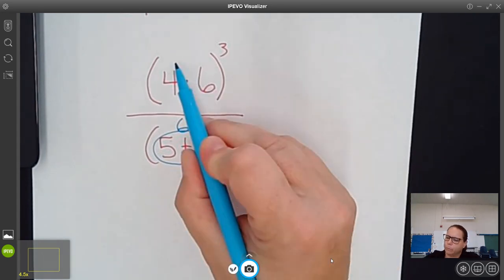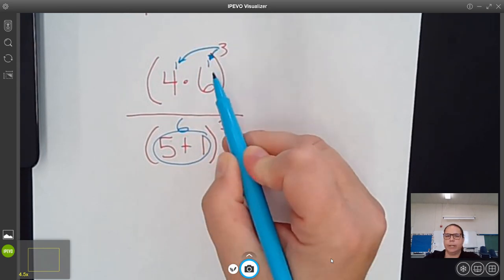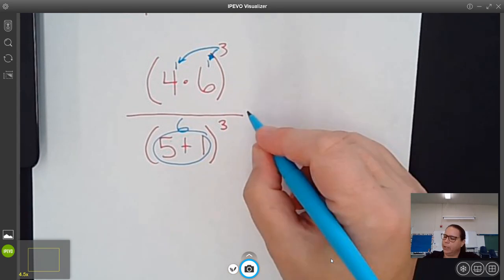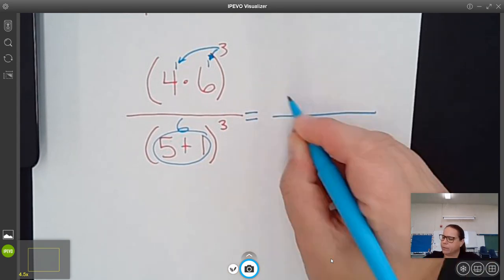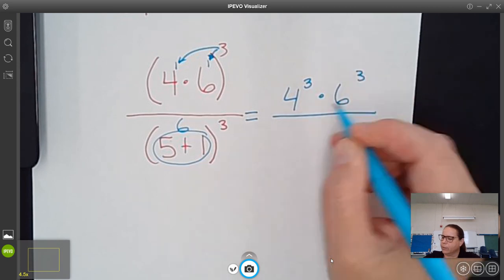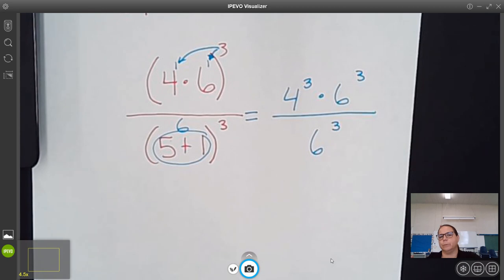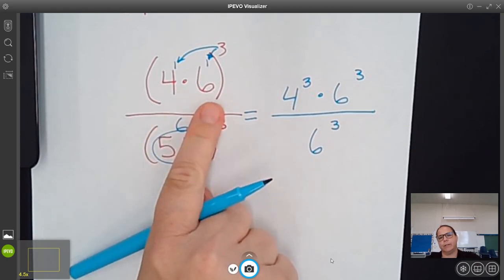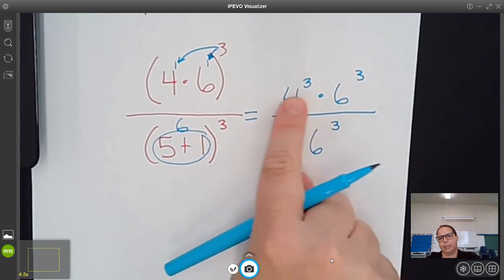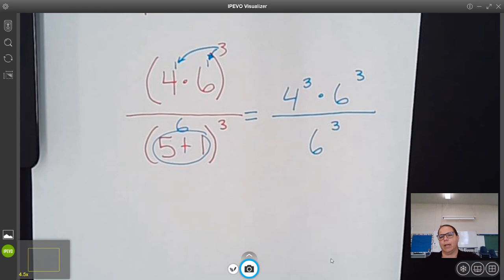Yes, there is a rule, if you guys remember, where this exponent goes on. It's the power of a product rule. So we could rewrite this as 4 to the third times 6 to the third times 6 to the third. Most of you multiplied this out to 24 to the third. 24 to the third is the same value, but it is not going to cancel anything out.